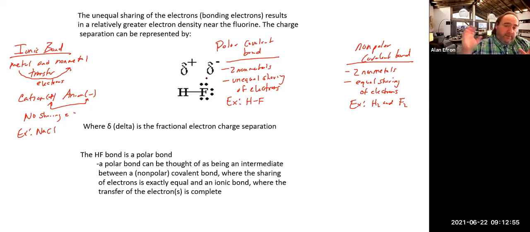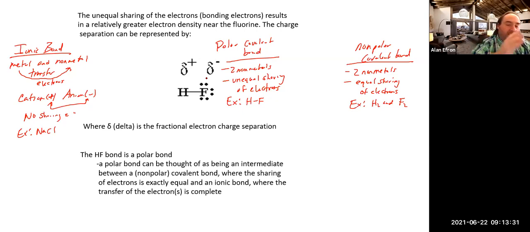So that's the three situations of bonding that we come across. On the far right, a nonpolar bond, perfect sharing of electrons. In the middle, a polar bond, sharing of electrons, but unequal sharing. Definitely not equal, but not so unequal that the electrons are actually transferred. Sometimes it's very unequal, but both guys are still hanging on to the electrons.